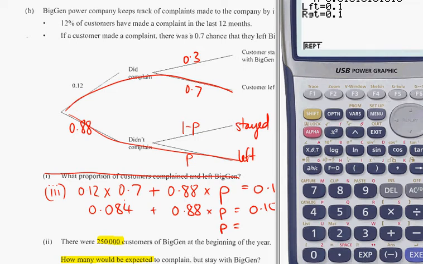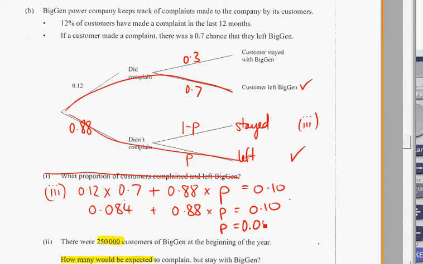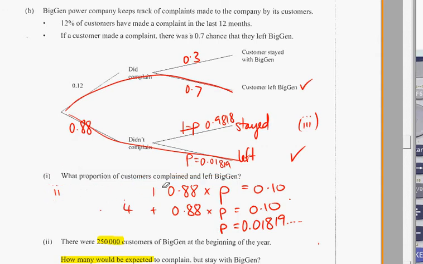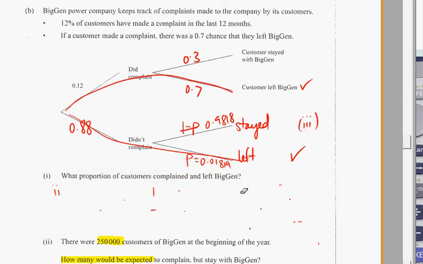It's a bit hard to see there, 0.01819, I think it is. You have a look on your calculator. So we've found that value for P. Right, question 4. Once again, I don't want to lose my tree. We know what that number there is now. It's 0.01819, and that one will be 0.9818. So we'll erase this working down here again, and have a go at answering question 4.